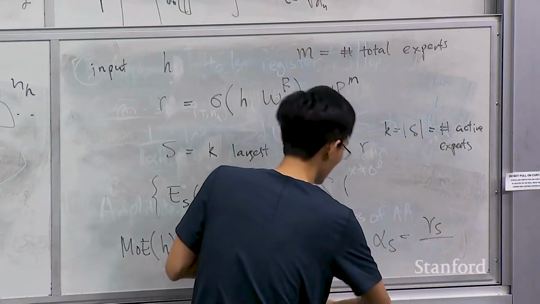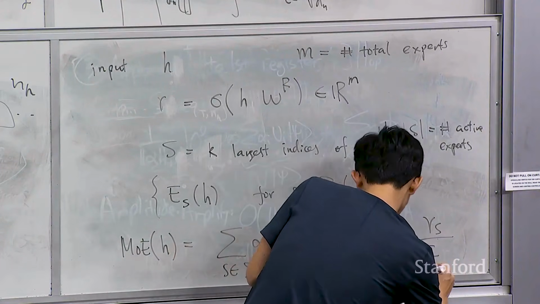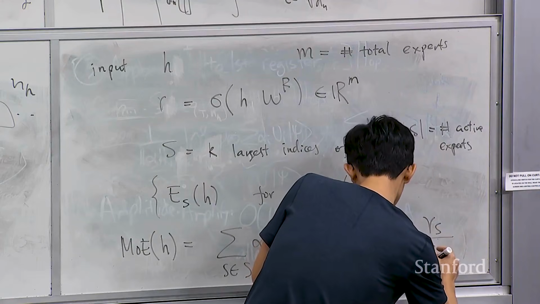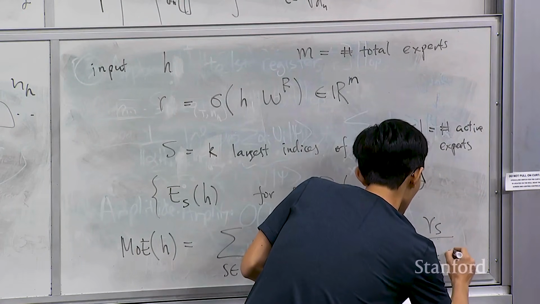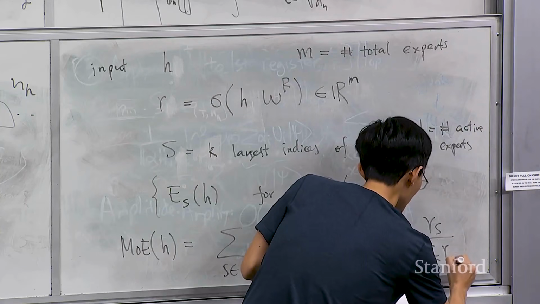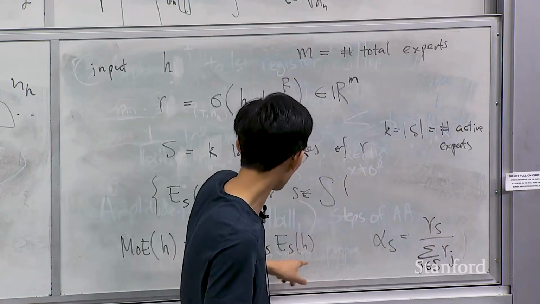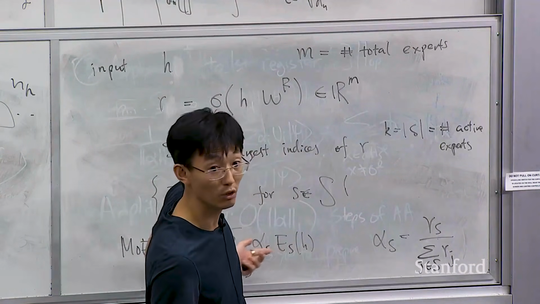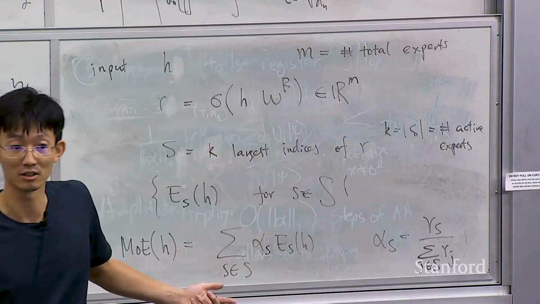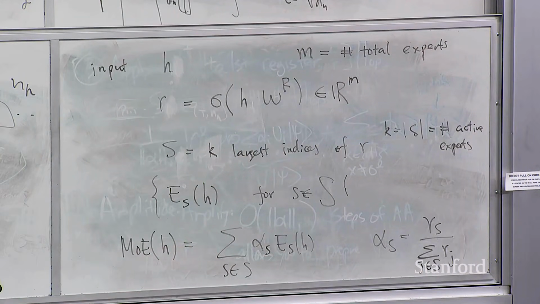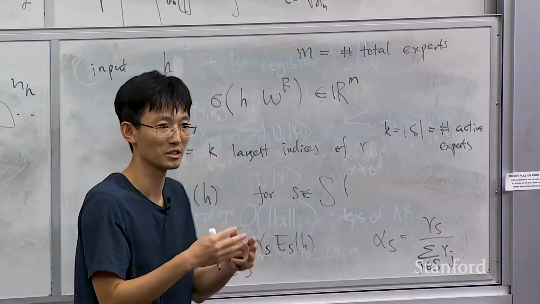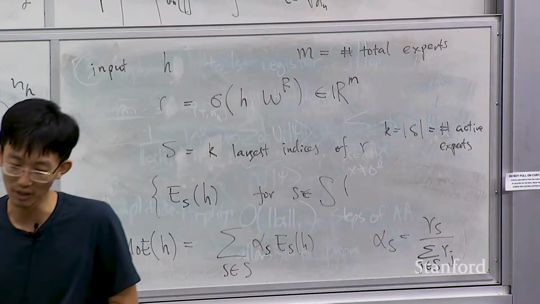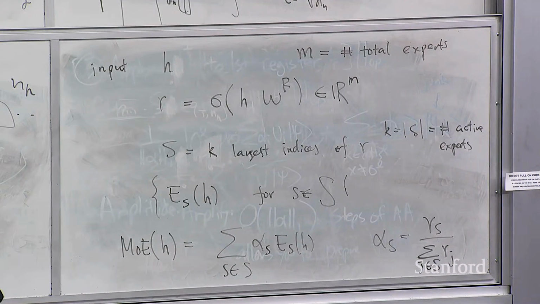This is a small nuance, not that important, but let me correct it. You are summing up all the weights in the selected subset, so that among the set S, the sum of the alphas is equal to 1. This way you don't change the scale too much, right? You are taking a convex combination of these outputs, with the coefficients summing to 1, so you don't change the scale too much.